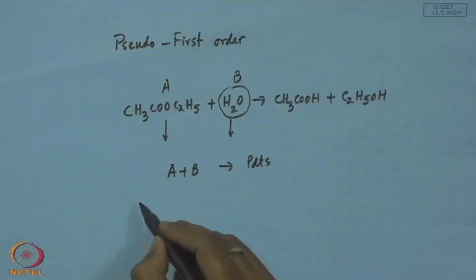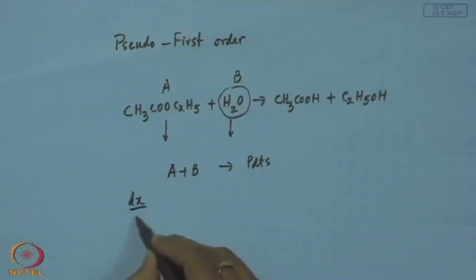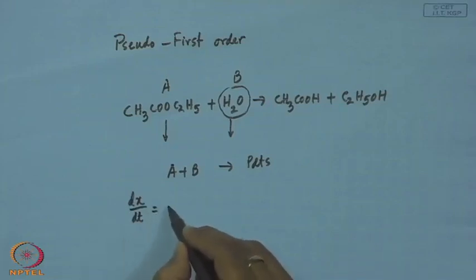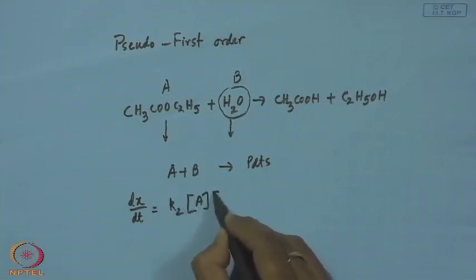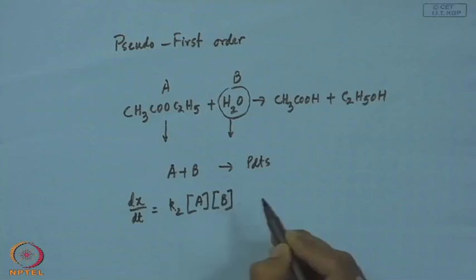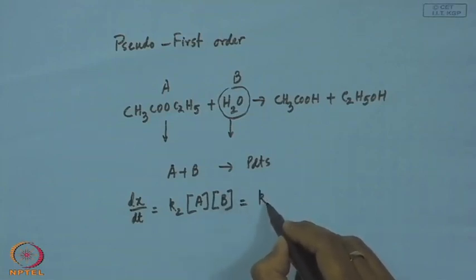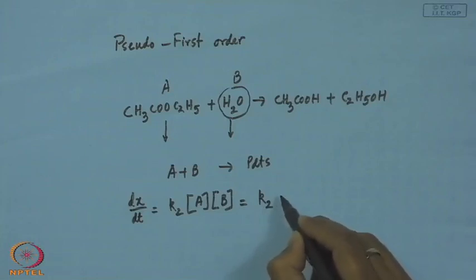So, your rate expression will be dx/dt is equal to K2, 2 is for the second order, times A naught minus x times B naught minus x. I already have talked about this expression, it is a general second order expression.